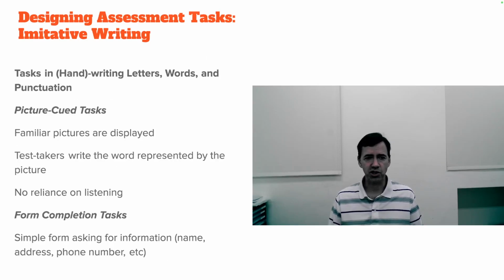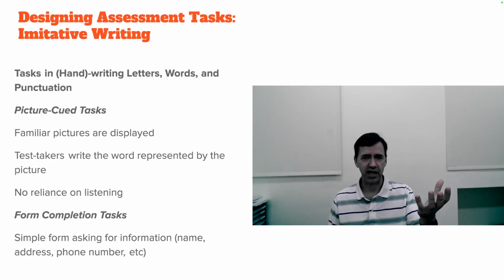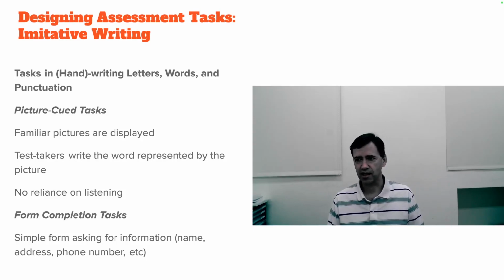Okay, the next is picture cue tasks. So the students will be given some familiar picture, and then they write the word represented in the picture. So you see a picture of a cat, you write cat. And again, if it's not about spelling, then you can provide all the words there for them to choose. Why this one's a little bit different is now there's no listening involved and minimal reading, because they're just reading the words that they're writing down.